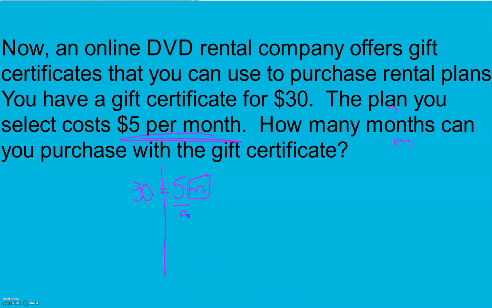We get rid of multiplication by dividing. And again, whatever I do to one side, I have to do to both according to the division property of equality. 5 divided by 5 gives me just 1, so 1 month. So months equal 6. Sorry, so it's going to be 6 months that we can buy.